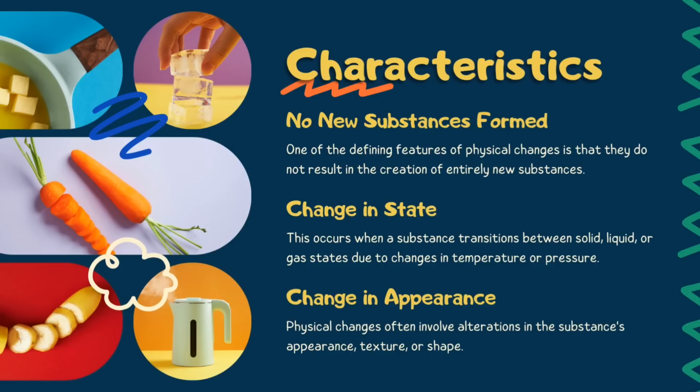So, gaya nung ating in-explain kanina, ang nagbabago lang ay yung kanyang appearance, no? Yung texture or yung shape. Pero yung chemicals, composition ng specific na substance na yon, or for example, the carrots or the vegetable or the fruits is still the same.